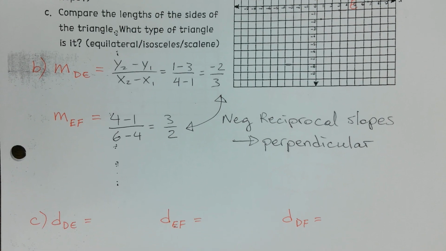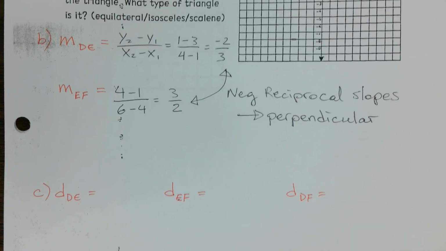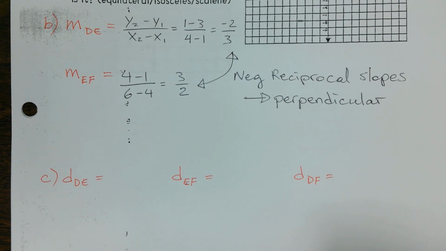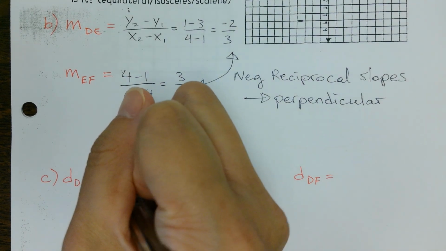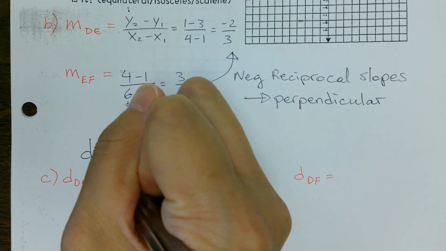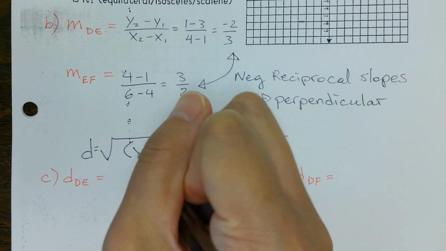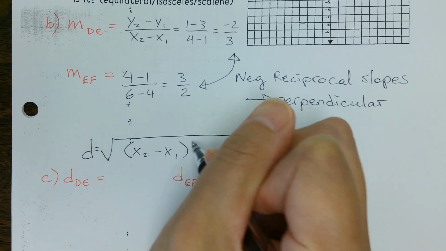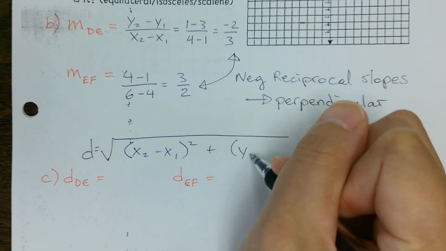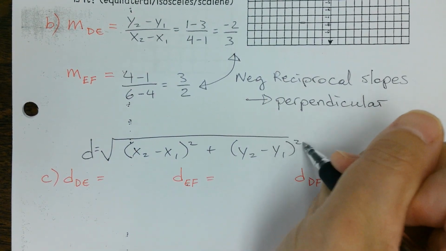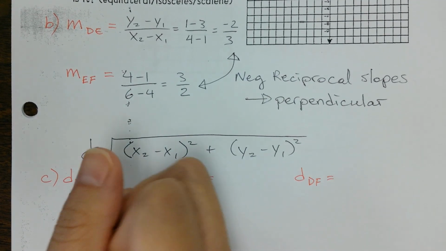Now we have to do the distance between each of these. So again, distance formula: distance equals the square root of x2 minus x1 squared plus y2 minus y1 squared.